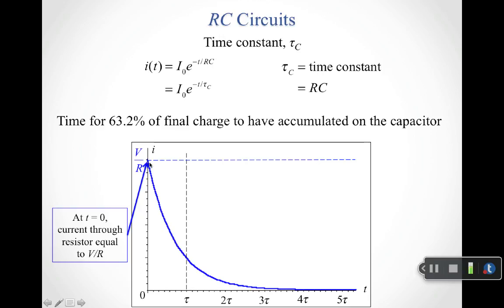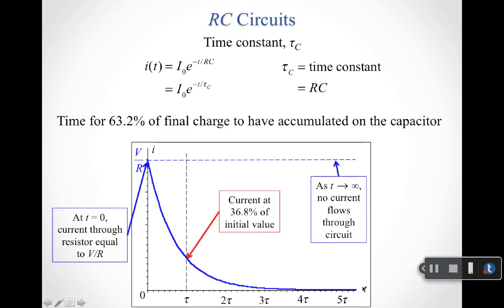And so at t equals 0, the current across my resistor is equal to the voltage of my battery divided by the resistance of the resistor. At one time constant, 63.2% of the charge is now on my plates, but the current has dropped to 36.8% of its initial value. And so it's fallen by 63.2%.